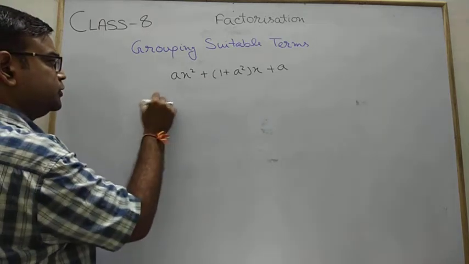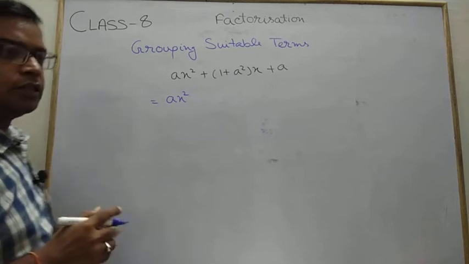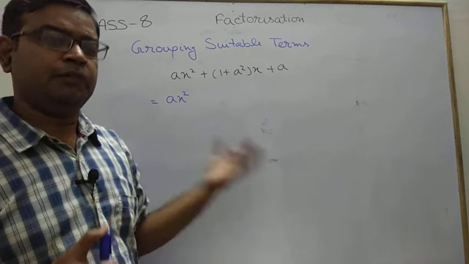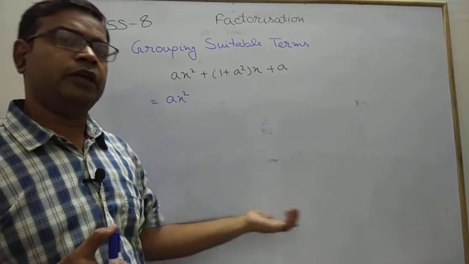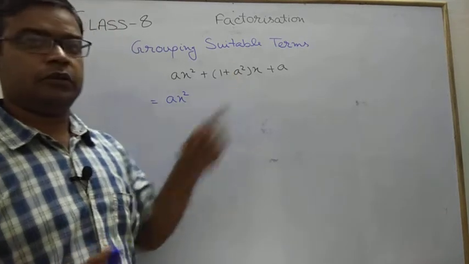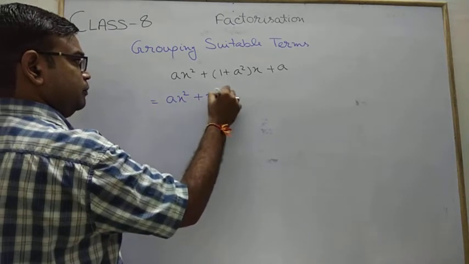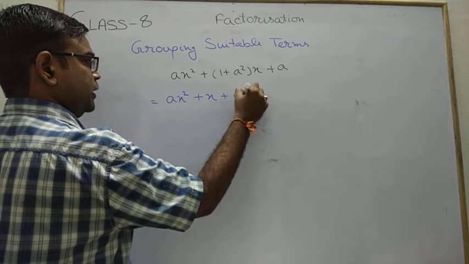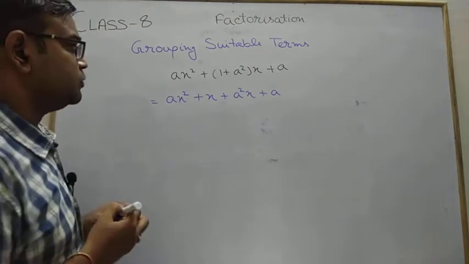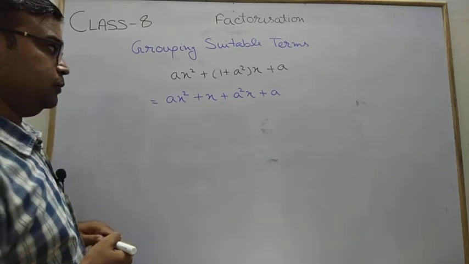So first expand this. Always, if any term is given in factor form, not the perfect one for the solution, sometimes we have to expand that factor form of the term. In this case we have (x + a²)x + a. Now as soon as we multiply, they are already arranged into groups.